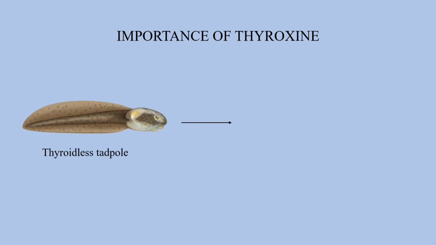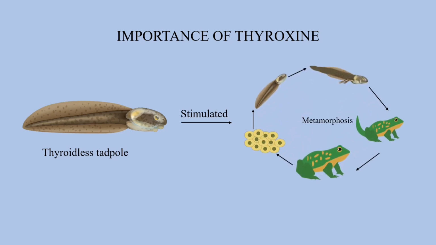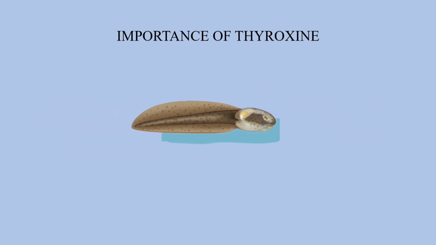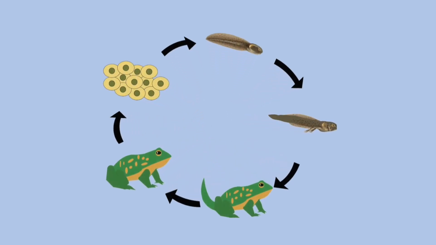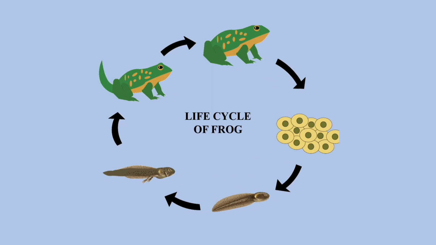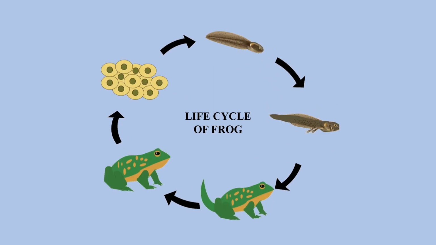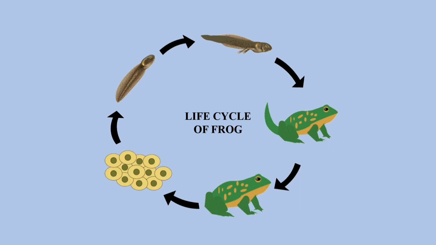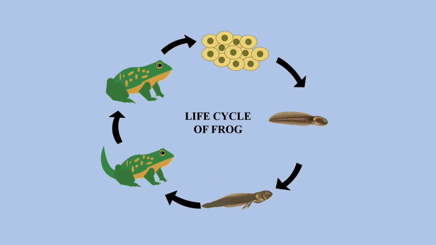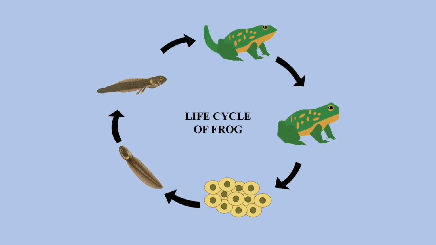A thyroidless tadpole can be stimulated to undergo metamorphosis by rearing the tadpole in water containing powdered thyroid gland. Thus, a tadpole develops into a frog by the process of metamorphosis, which includes the ecological, morphological, physiological, and biochemical changes.